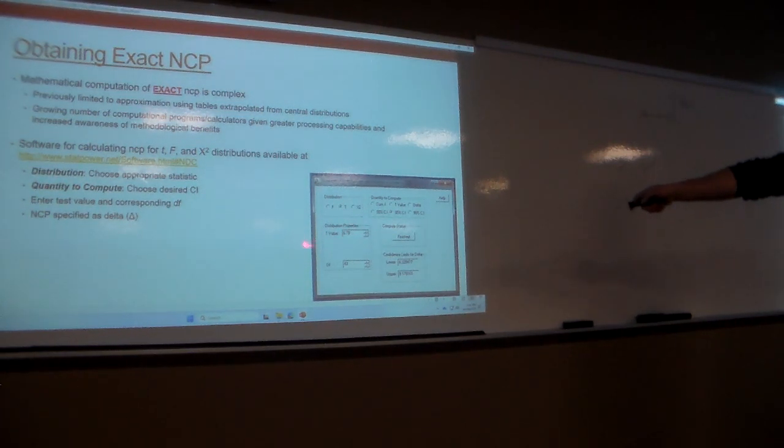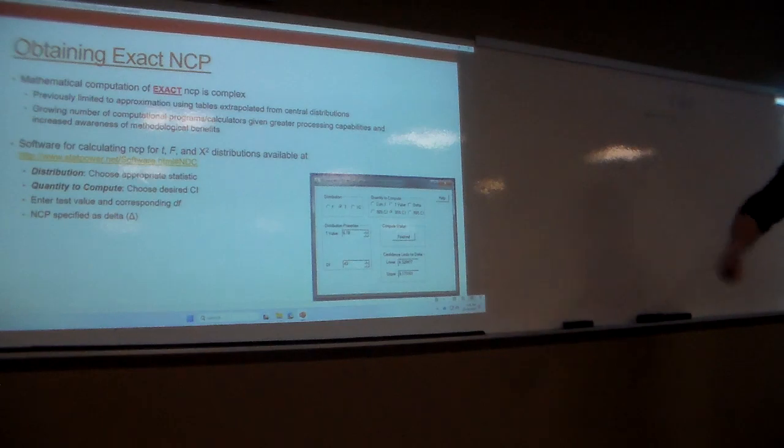Here I put the value of my test statistic, not my critical value, my actual t statistic. I've got my degrees of freedom. I say I want a 95% confidence bound around that, and then I hit compute, and it gives me a lower and upper confidence bound around delta. Delta is just my non-centrality parameter. The notation on this is never the same, but this is giving me a lower and upper bound for my non-centrality parameter.